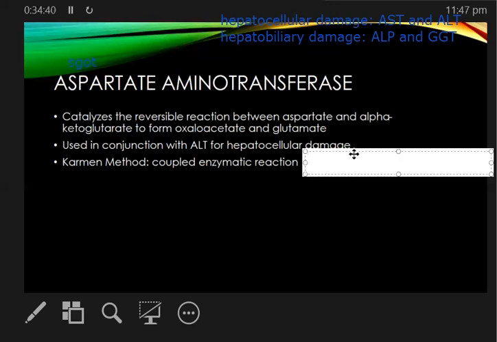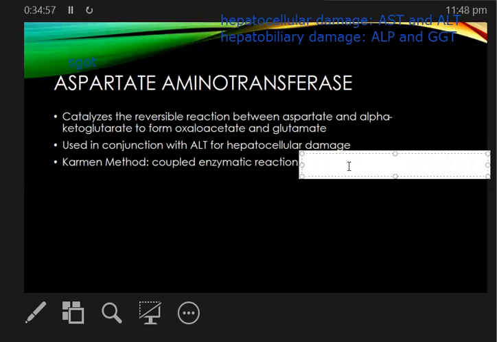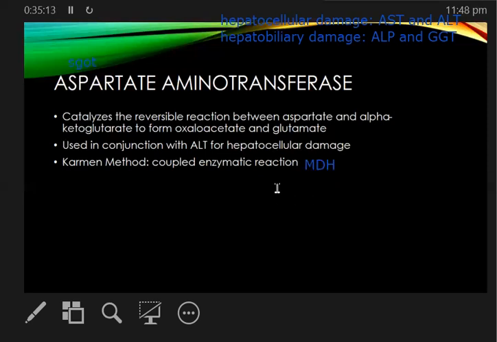I suggest that you start memorizing your coupling enzyme. The coupling enzyme for AST determination in the Carmen method is malate dehydrogenase.